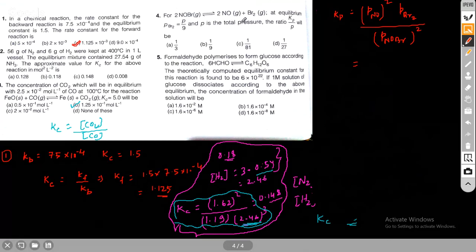So pressure of NO will be what? Pressure of Br2 is P by 9, so pressure of NO will be 2P by 9. So we can write pressure of NO is 2P divided by 9, square, Br2 is P by 9, divided by pressure of NOBr.